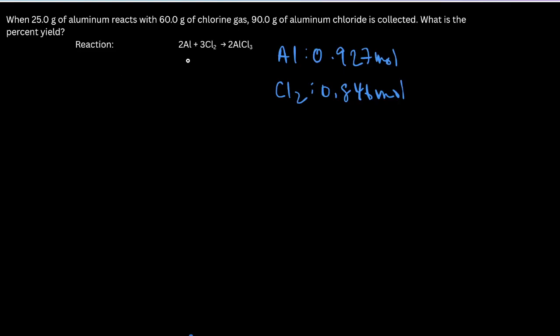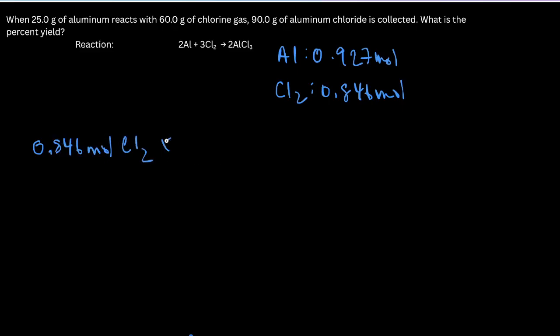Again, looking at our balanced chemical equation, we can see that we have 2 moles of aluminum reacting with 3 moles of chlorine to give us 2 moles of aluminum chloride. So we can use chlorine and see how much aluminum is needed for our 0.846 moles of chlorine to react. Let's just set this up stoichiometrically.